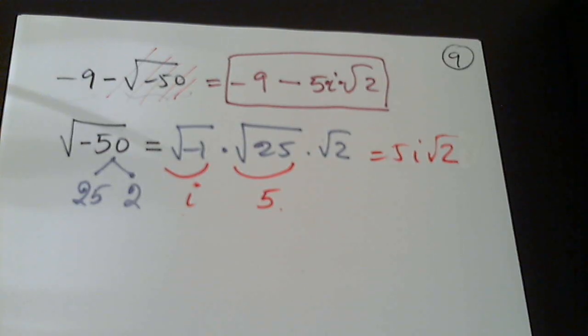So I will copy negative 9 minus 5i the square root of 2. No one can further simplify this. The first piece is real. The second piece is imaginary. There is no way I can add real numbers to imaginary numbers. This is it. Any questions?